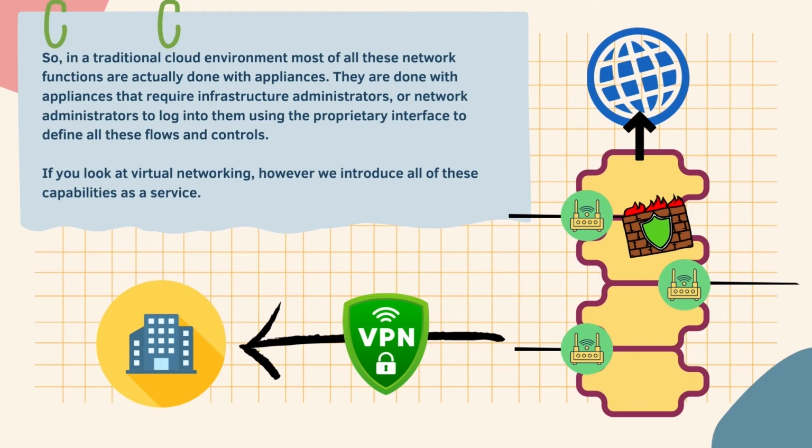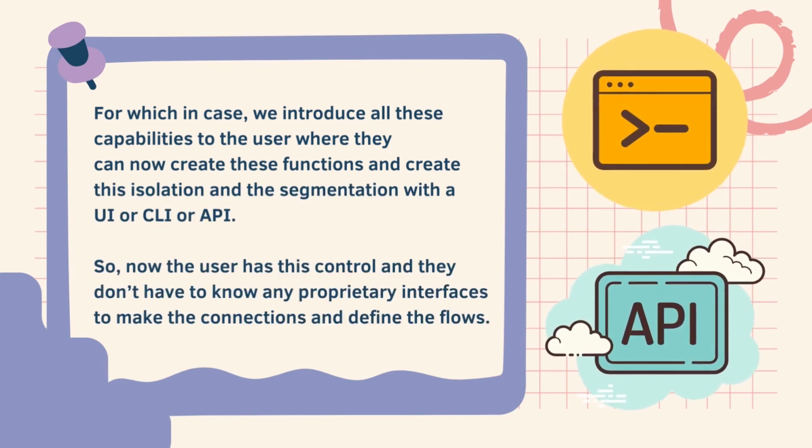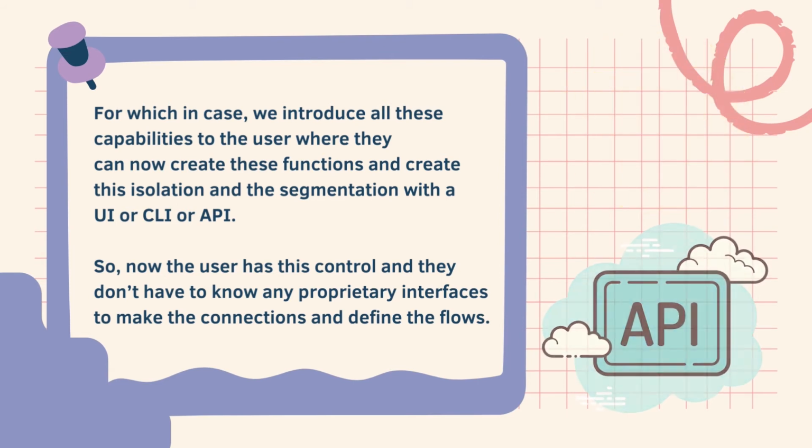So we introduce all these capabilities to the user, where they can create these functions and create this isolation and segmentation with a user interface, CLI, or API. So now the user has this control and they don't have to know any proprietary interfaces to make the connections and define the flow. So let's talk about a few of the benefits.